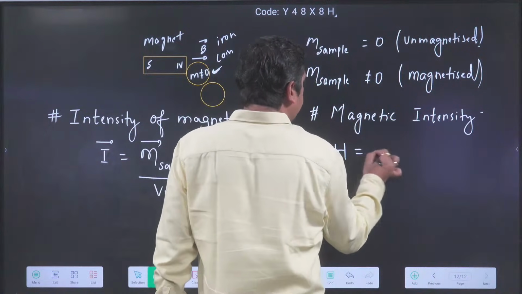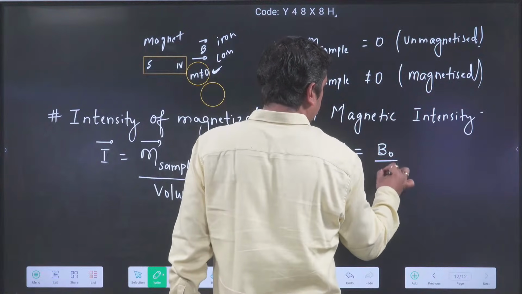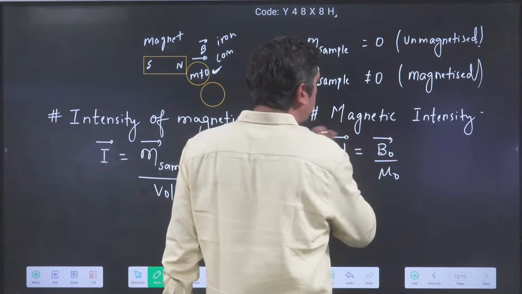We define it as H equal to B naught by mu naught.